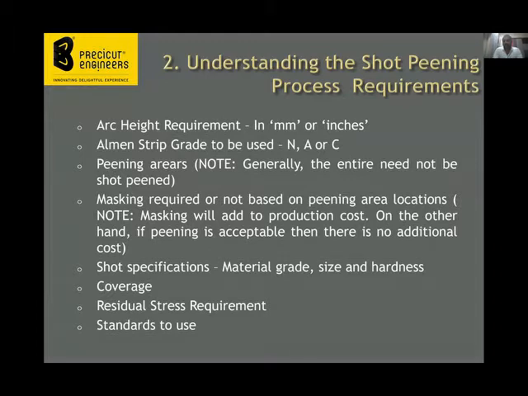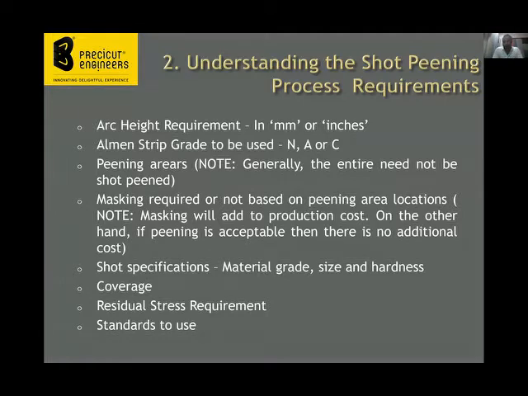Followed by that, you'll see the grade of strip that needs to be used, N, A, or C. Then the peening areas should be indicated on the drawings. Generally speaking, the whole component is never shot peened. Only the critical areas like the gear area. Even in the gear area, you might have, say, the root and the flank, which need shot peening.